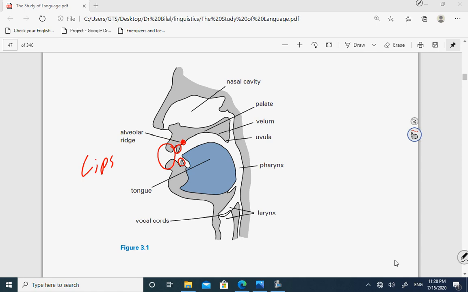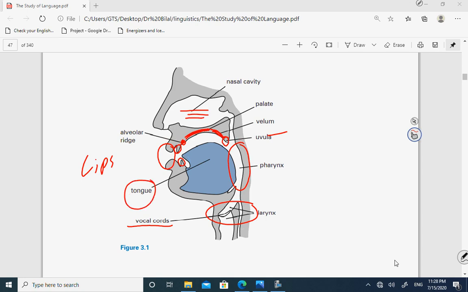Then we have the hard palate, and then the soft palate or the velum. Attached to the velum is the uvula. Then we have the pharynx, the larynx, which includes the vocal folds, and the nasal cavity, and finally the tongue.